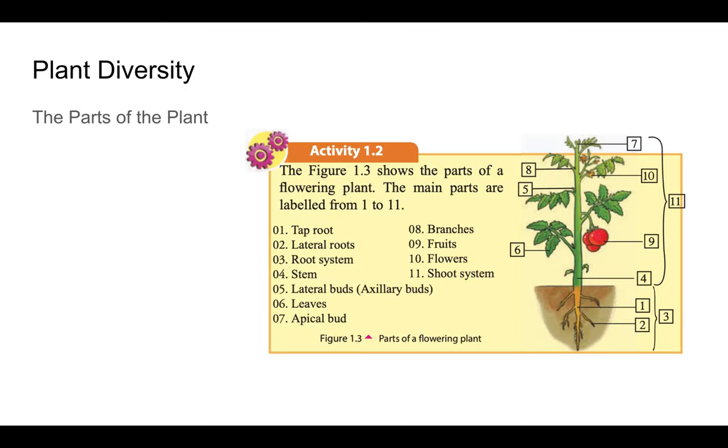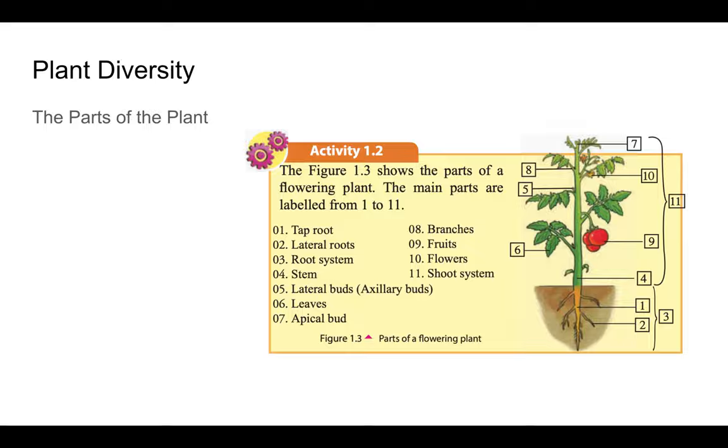Let's begin with the parts of the plant. This is a typical plant, which has all the parts that a plant should have. In this picture, you have a typical plant.